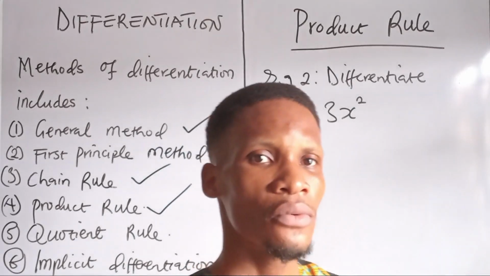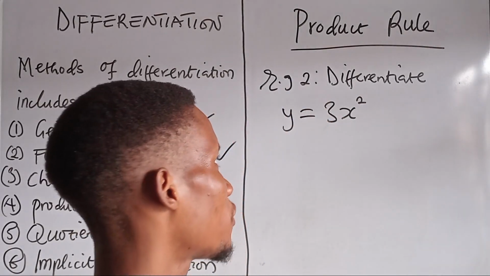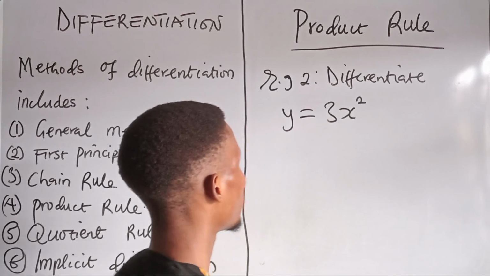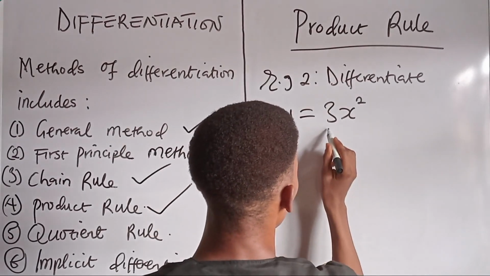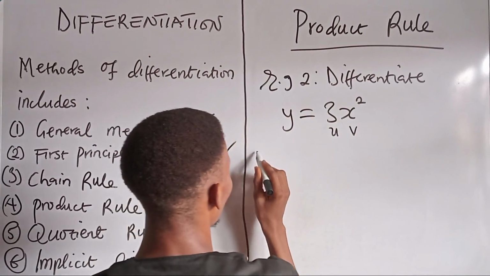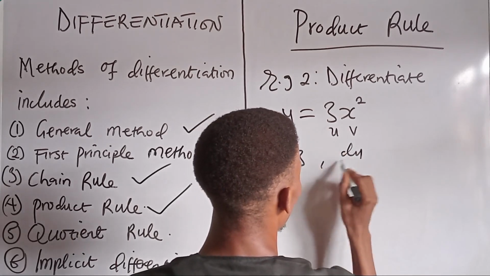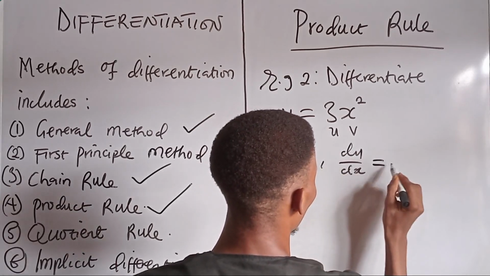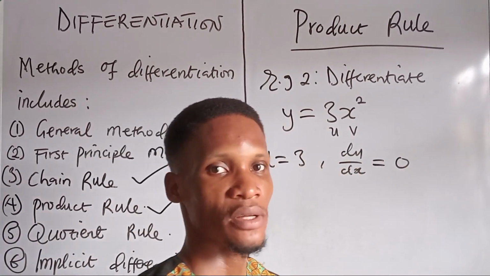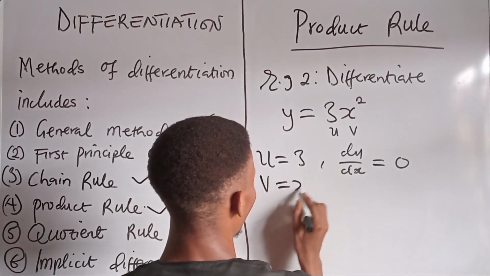What you do now is similar to what we did before, just that this is having a power. So you assume this to be u, and assume this to be v. Then u is equal to 3. Then du over dx is equal to 0, because u here being 3 is a constant. Then v is equal to x squared.